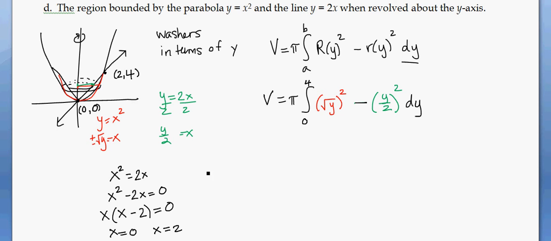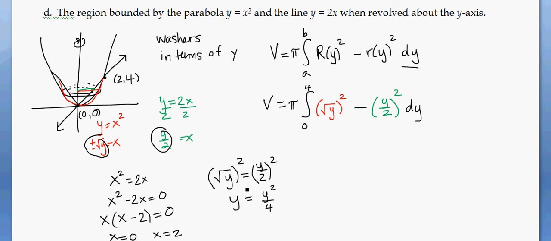Just so you know, if you wanted to, we already had our equation in terms of y. We could have set these two equations equal to each other. So we'd have the square root of y equals y over 2. Solving radical equations, the first step is to square both sides. So we get y equals y squared over 4. I'm going to go ahead and just multiply both sides of the equation by 4 to get rid of that denominator.